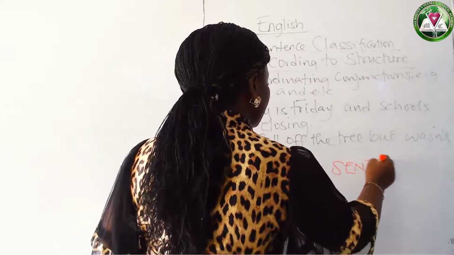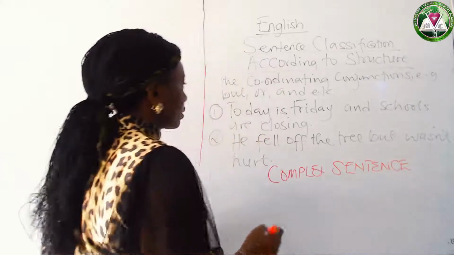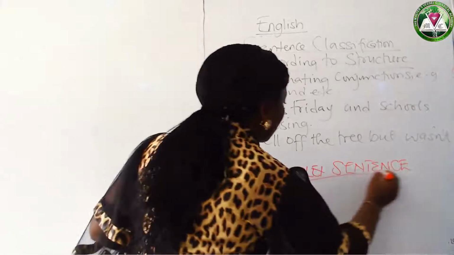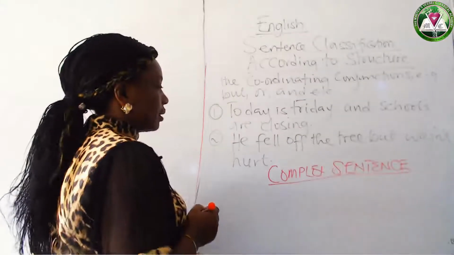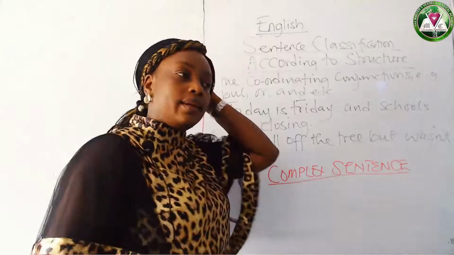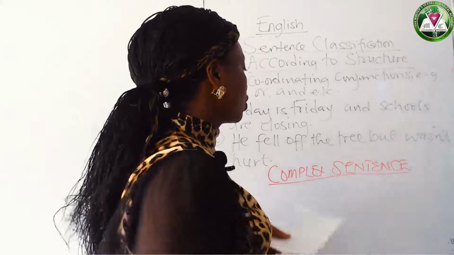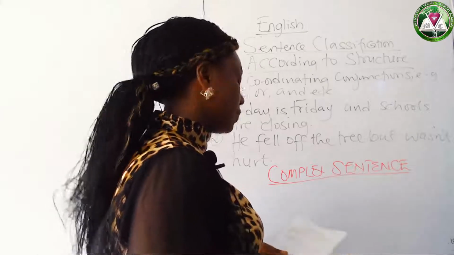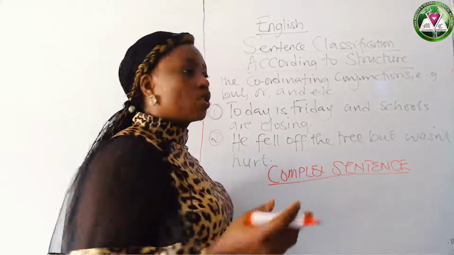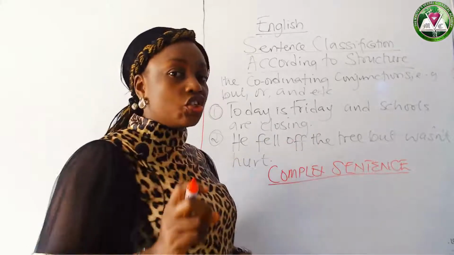Have the complex sentence. Okay. So what is a complex sentence? A complex sentence is a sentence that contains usually one main idea and then one or two subordinate clauses, usually joined together by subordinating conjunctions.